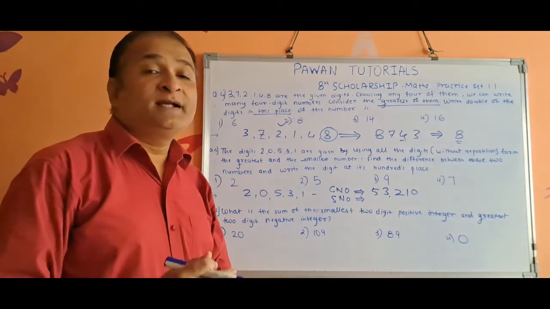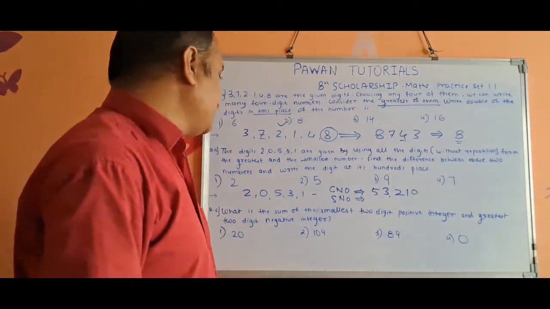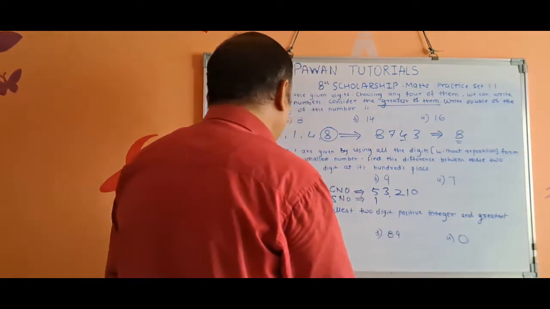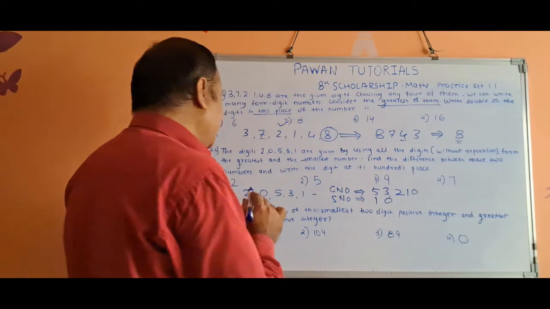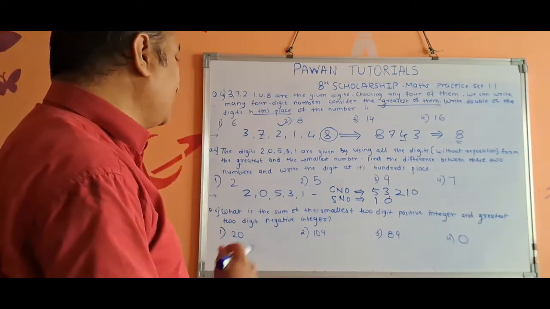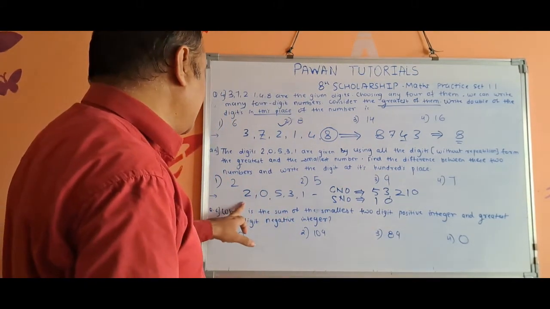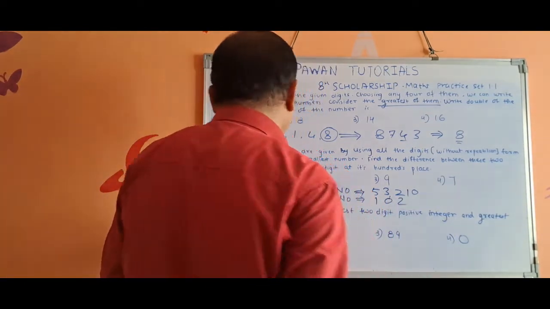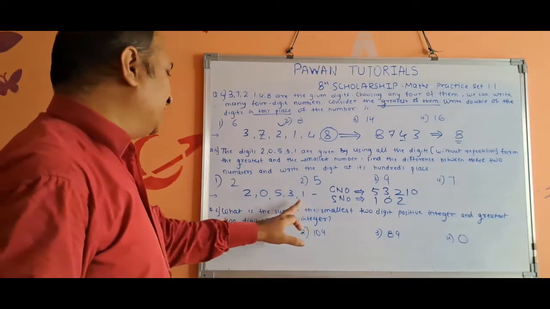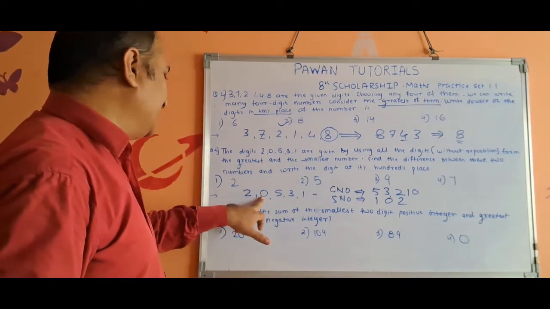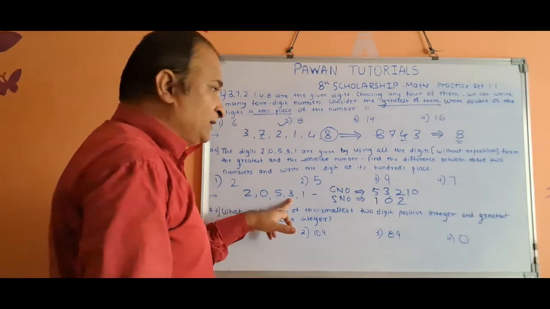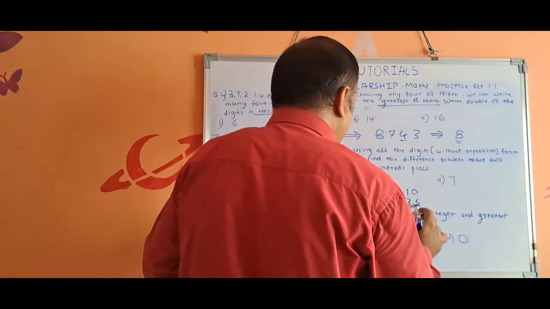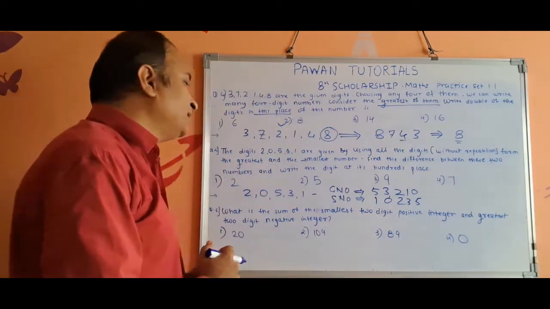It will come as the second digit. So the first number will be 1. After 1, 0 will come. After 0, 2 will come. So 1, then 0, then 2, then 3 will come. And finally 5.